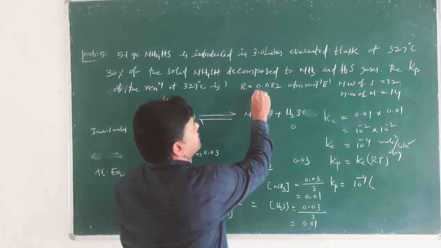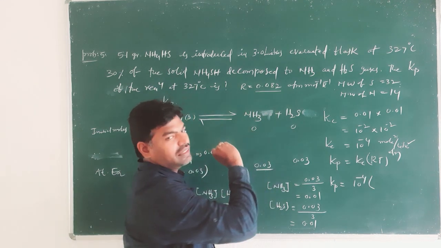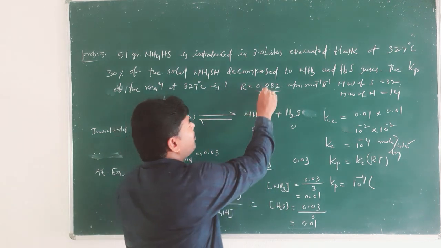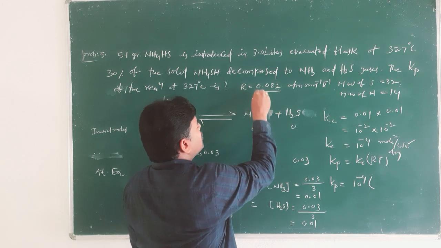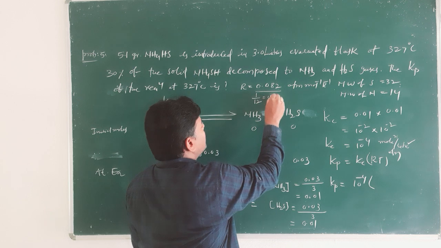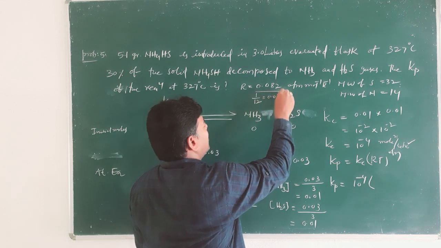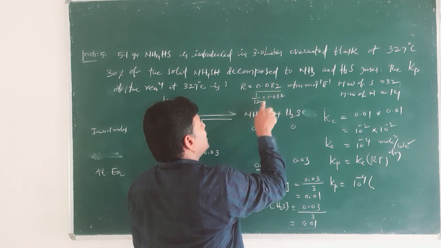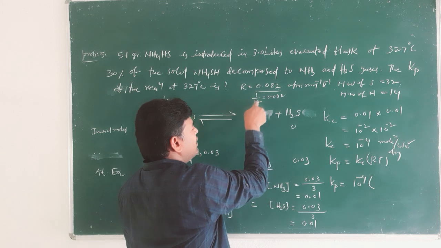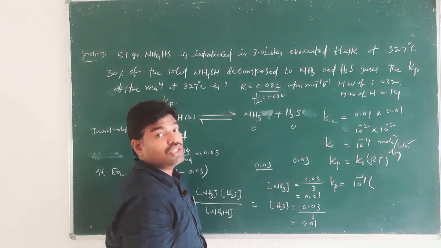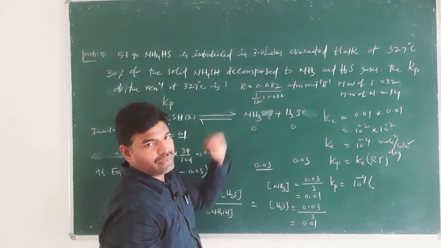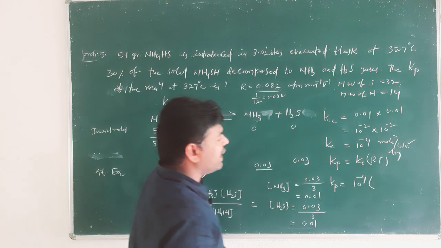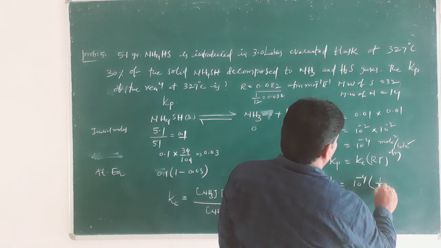There is a simple technique: 0.082 can be written as 1 by 12. That is why instead of R we can write 1 by 12.